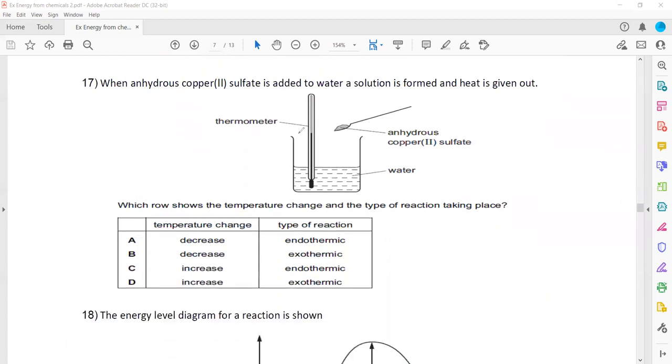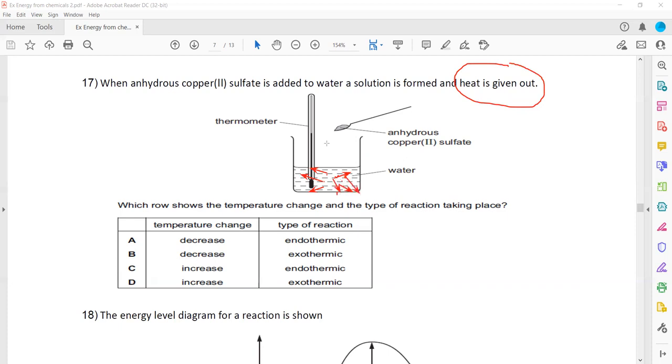When anhydrous copper sulfate was added, which row shows the temperature change and type of reaction? When we add it, they mention heat is given out. So the copper sulfate will give out heat energy, and the water will absorb that energy.